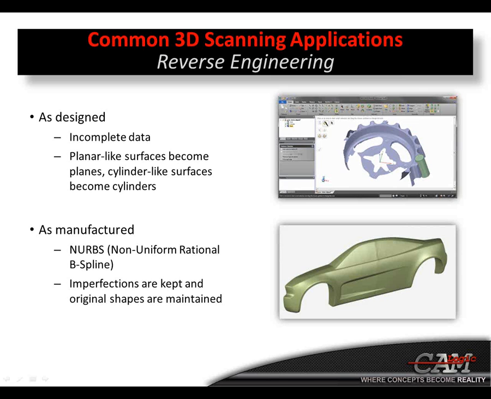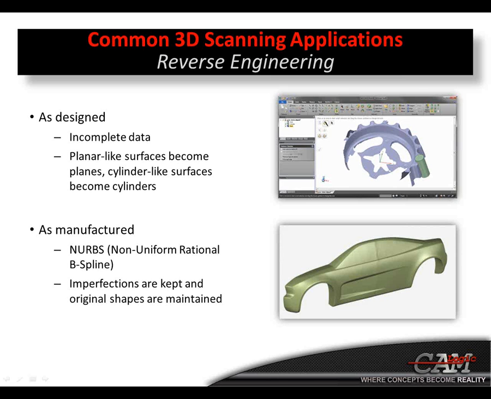So we can take some design liberties with the information that we have and be able to reverse engineer an entire part in the CAD world and end up with a fully parametric 3D model at the end of the day.